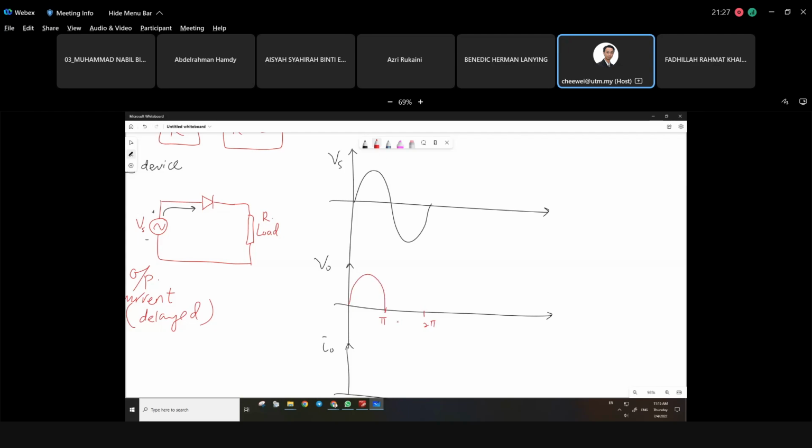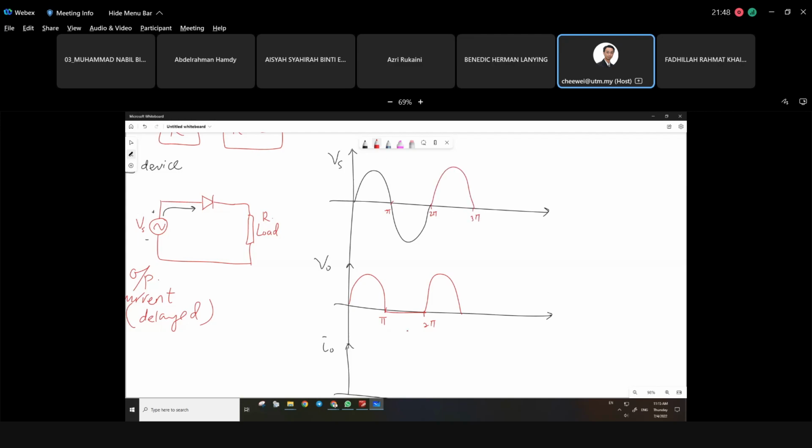Yes, because it is forward. And during the negative half cycle, do we get the output? No. And then it repeats, after 2 pi, and then you have 3 pi if the cycle repeats.